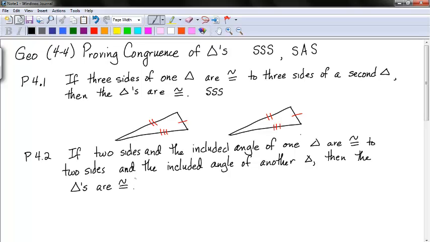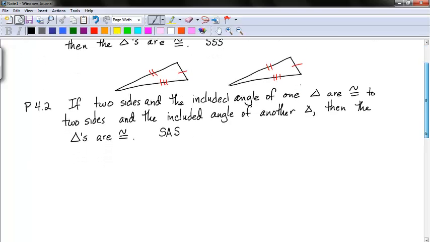Now, the order that you write this makes a difference. It's going to be side, angle, side. It's an included angle.